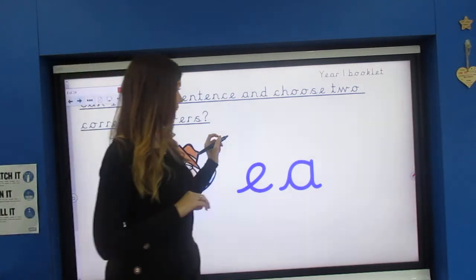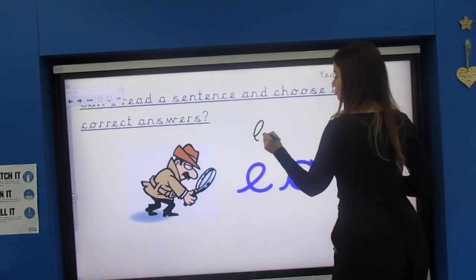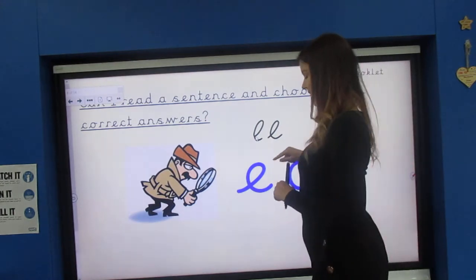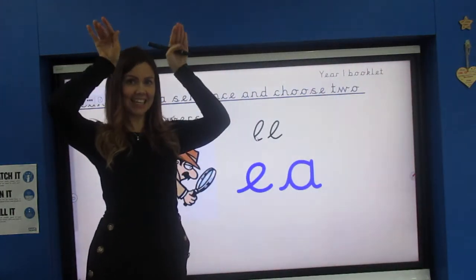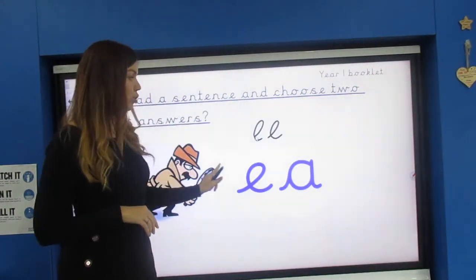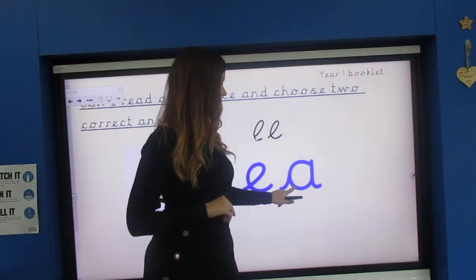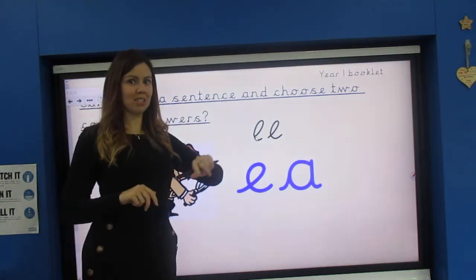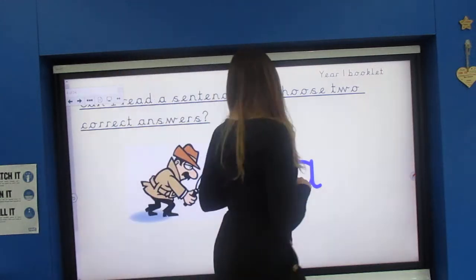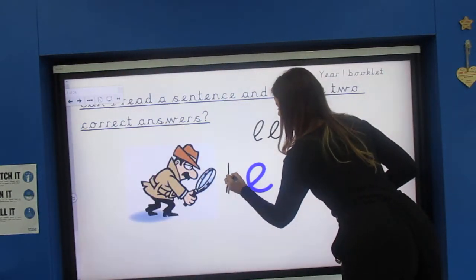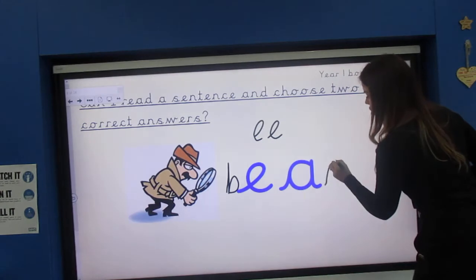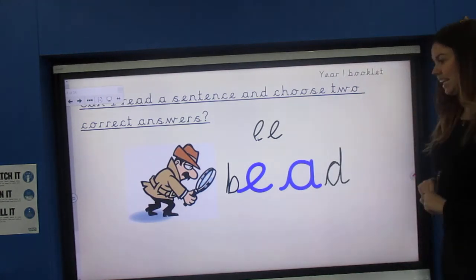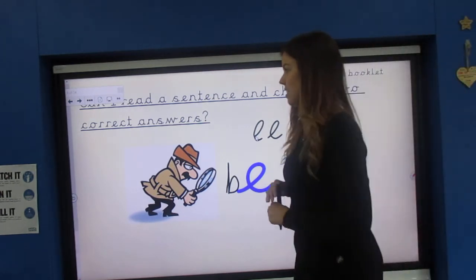Okay, a bit like this one, but it's a different way of writing E. So if you come across a word with the E sound in, that's what it makes, okay? So it might say the bead. Bead, okay? Bead. It's an E sound.